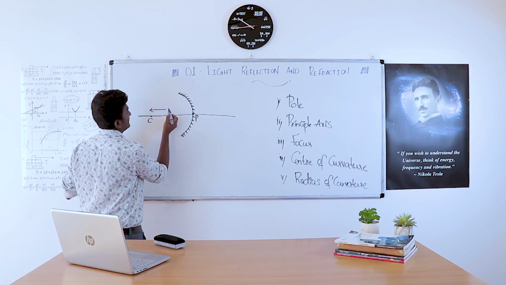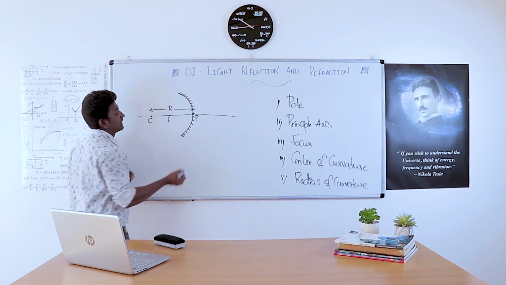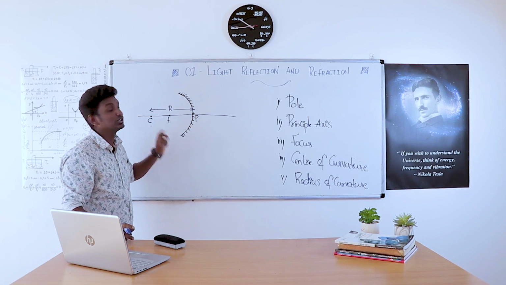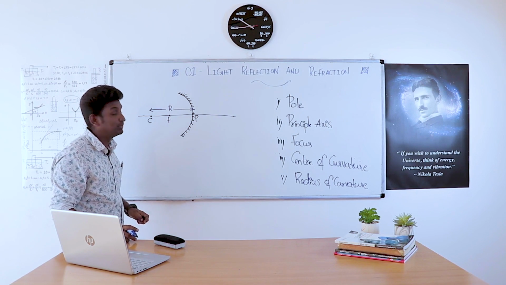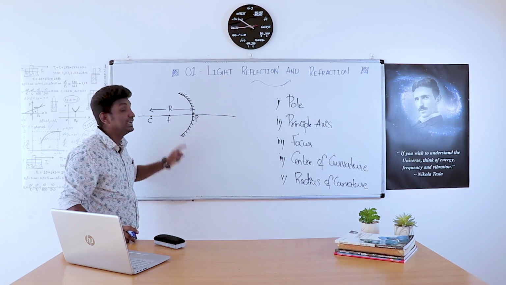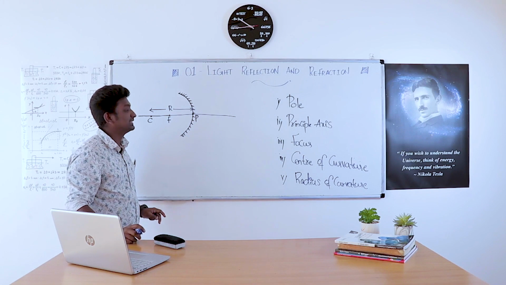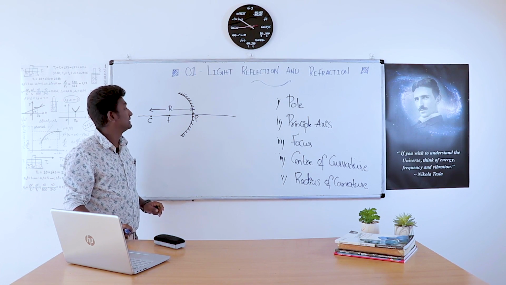So C is the center of curvature, and the distance between the center of curvature and the pole is the radius of curvature. The pole is the point on the surface of the spherical mirror. Simply, radius of curvature is the radius of the sphere in which the mirror is a part.